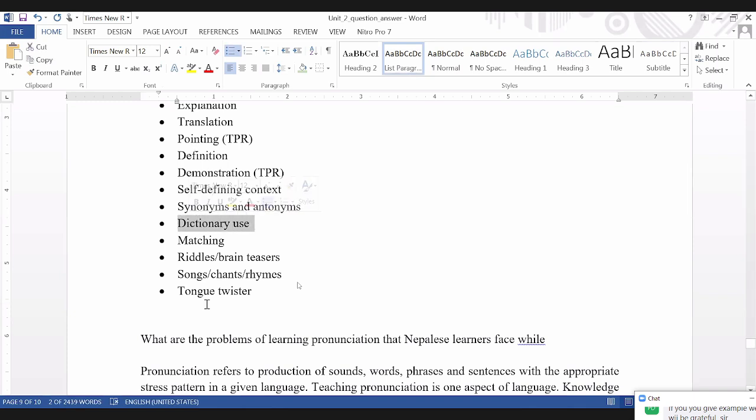And then pronunciation you can use tongue twister हैन. अनि meaning को लागि you can use pictures, real objects, and translation, pointing, demonstration, context, synonyms, antonyms. These are the common ways. Then how do you teach pronunciation of words? Then we discuss in the pronunciation section also.